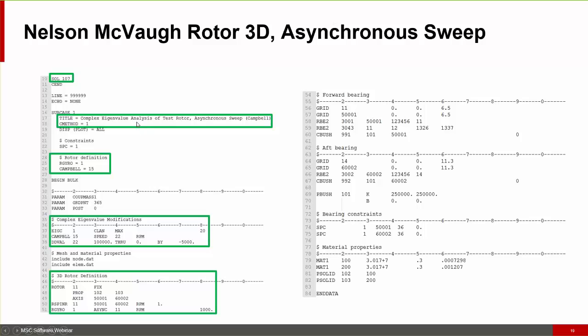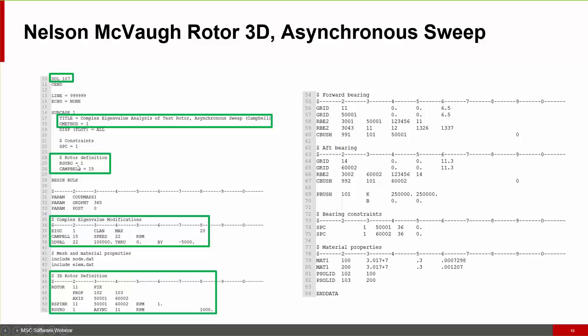To change the earlier 103 model that I just showed, you would make a few changes to your input file, and most of the analysis content is actually captured here in the nodes and elements. What we're adding is, of course, we're changing 103 to 107 to prepare for an asynchronous sweep across rotor speeds.